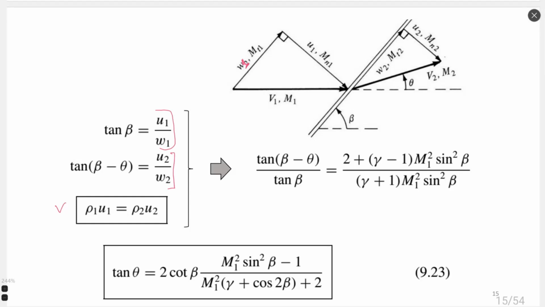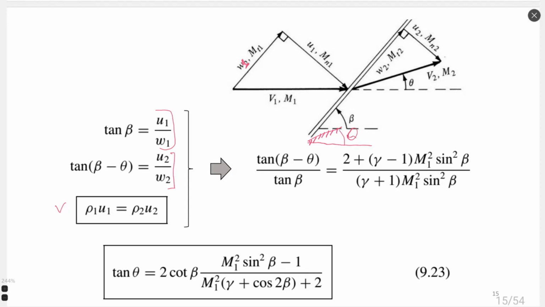We can see this big one, which can be simplified, and we obtain equation 9.23, which shows us the relation between theta, the angle of the body, beta, and M. I prefer to use the angle of the body because it's constant, right?